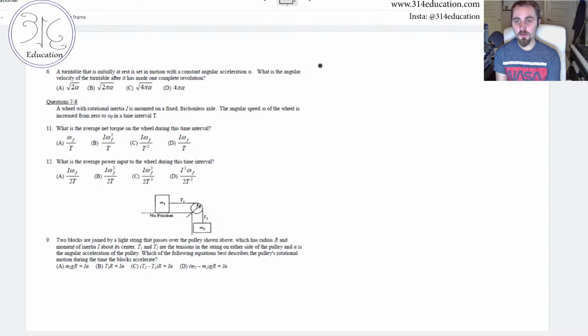So we can use our kinematics equations in the context of rotation. If we have a constant acceleration and are asked what our velocity is after a certain distance, we would want to use vf squared is equal to vi squared plus 2ad.